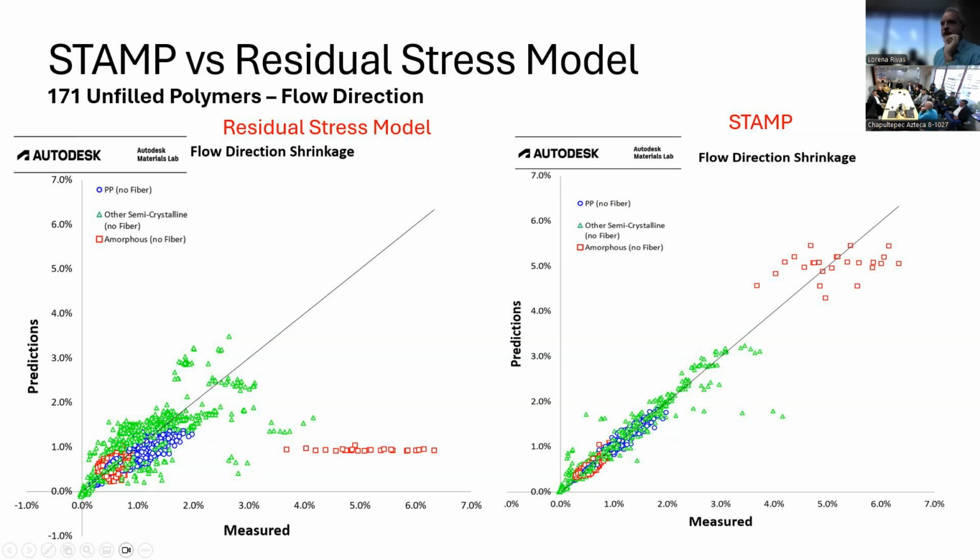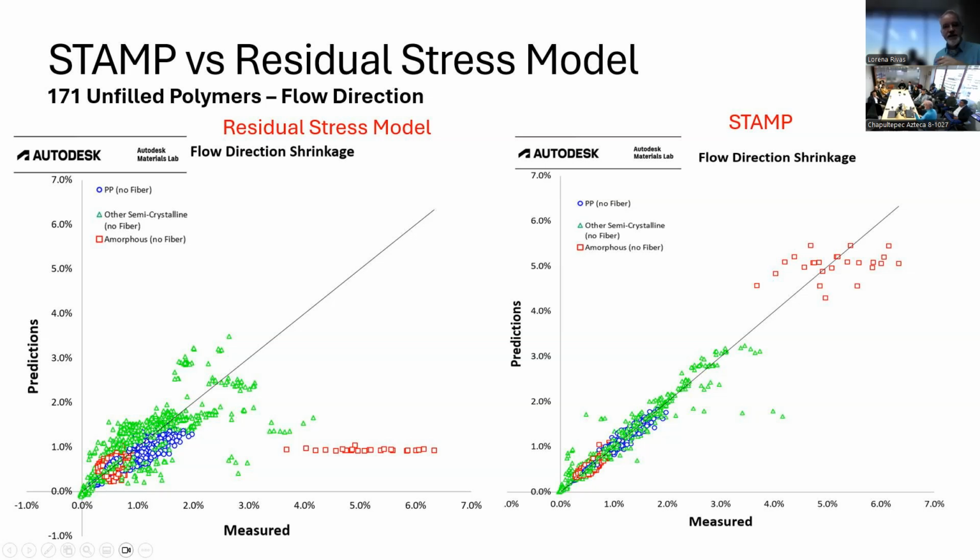If the predictions match the measurements identically, then the data point will fall on the diagonal line. So we are always looking for data that is very closely centered around the diagonal line. If that's the case, then we can do a really good job with the prediction of warpage.